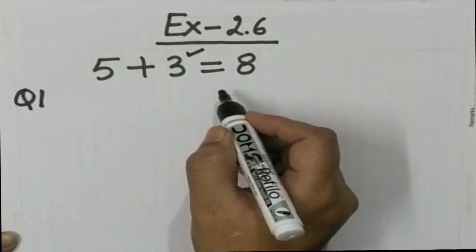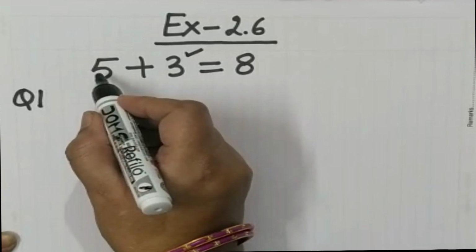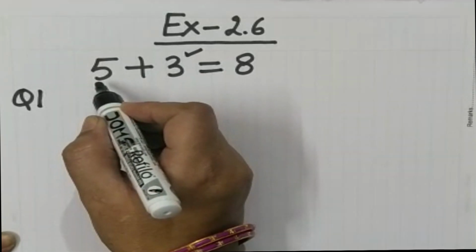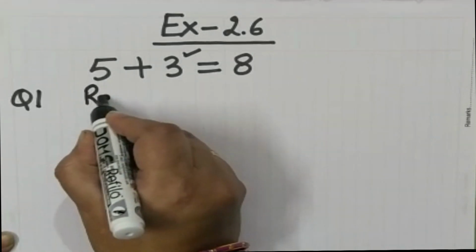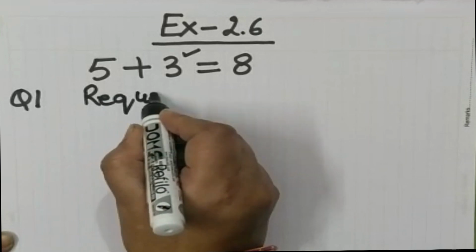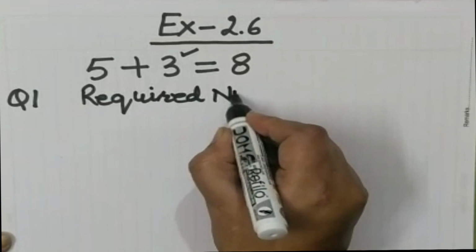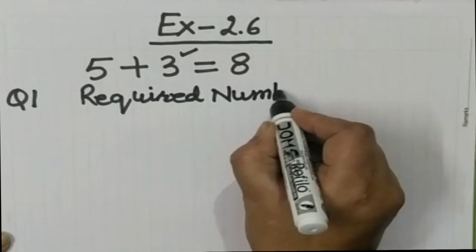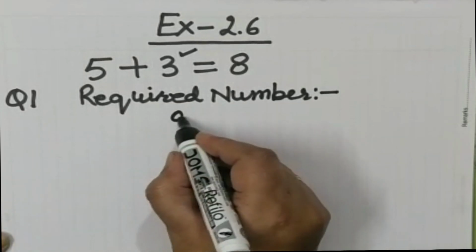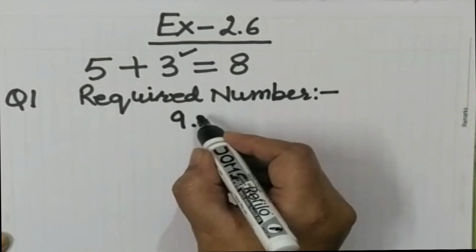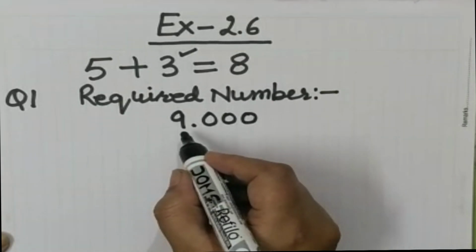In this question, the result is 9 and one number is 6.419. So how do we find the second number? We will write here: required number, subtract first number from result.